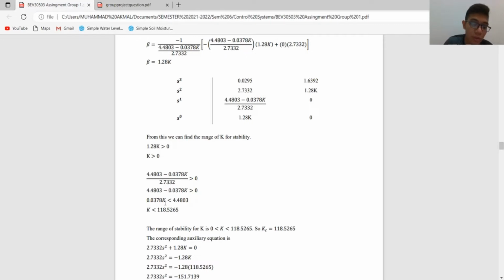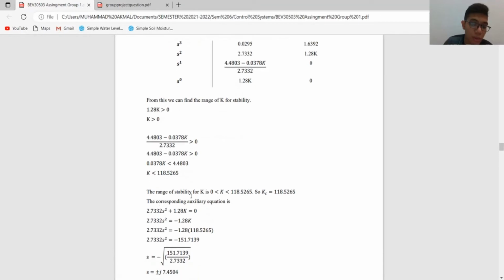So after solving the equation, we get K is less than 118.5265. So the range of stability for K is 0 is less than K, while K is less than 118.5265. So we can assume that K is equal to Kc, which is the critical gain. So the Kc is equal to 118.5265.